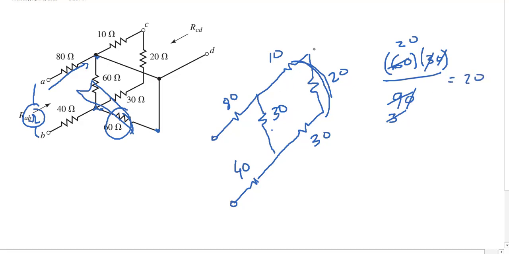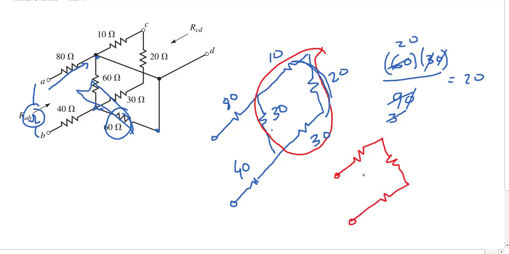So this whole thing is 20 ohms, and we get 140 in total because we have 80, 20 and 40 all in series, so the total is 140 ohms. Okay, see you in another example.